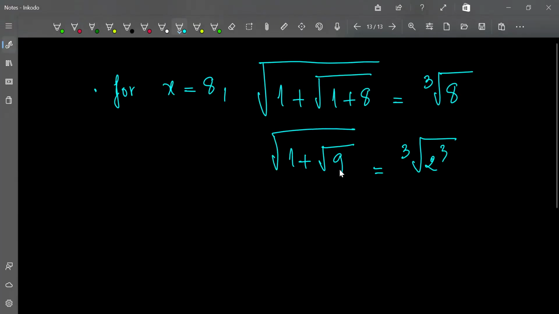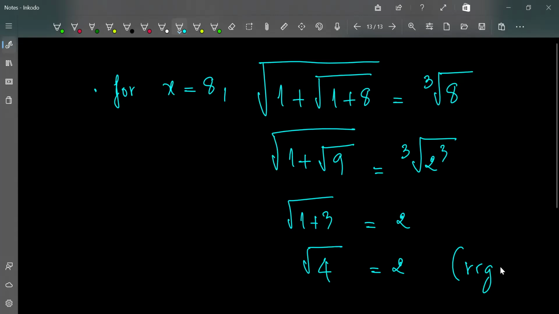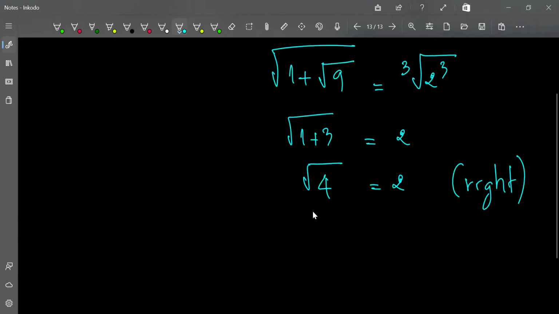Then the square root of 9 is equal to 3, so we can write 1 plus 3 equal to 2. Then the square root of 4 equal to 2 is right. Okay, so right now we see that x equal to 8 satisfies the equation. So x equal to 8 is the real root of this equation.